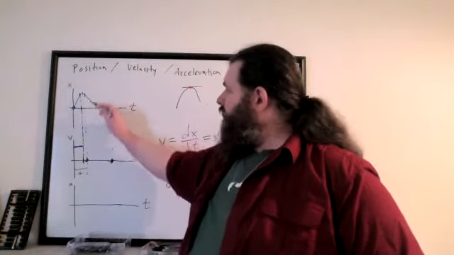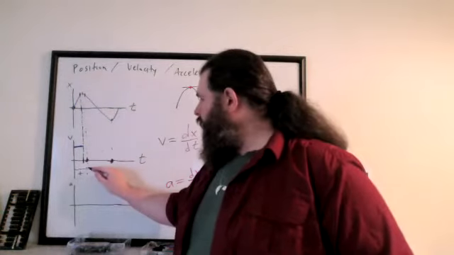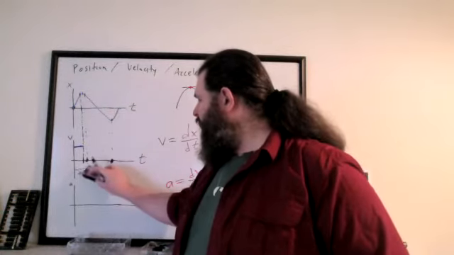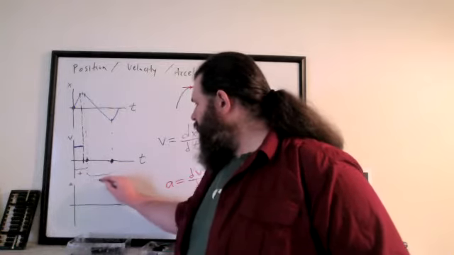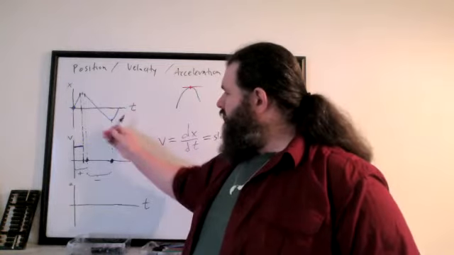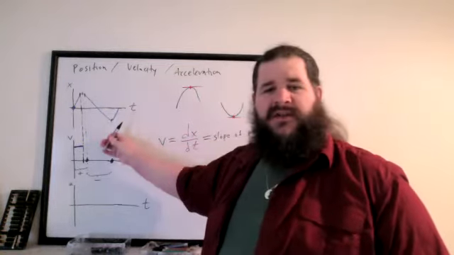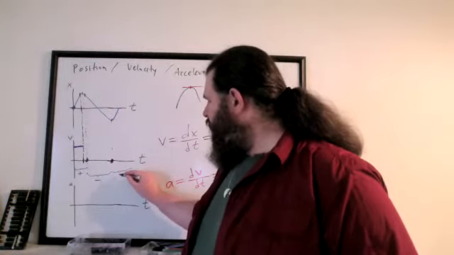In this entire region, the position's decreasing, that's a negative slope, so we have to have a negative velocity. And then in this entire region, the position is an increasing function. Position has positive slope, so the velocity is going to be positive.